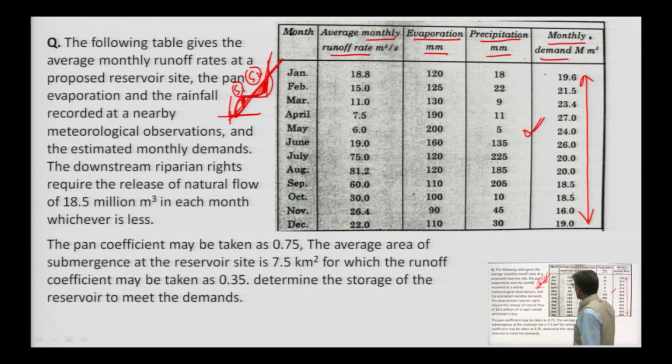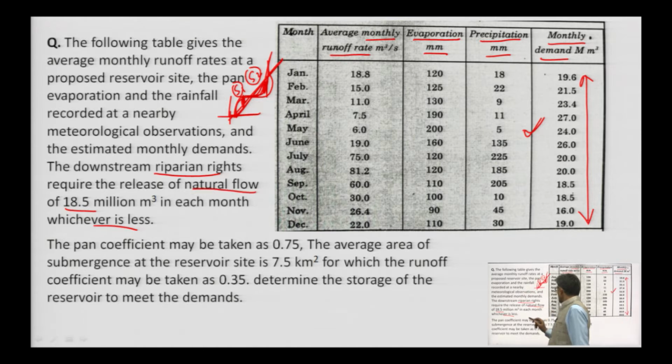So, let us read the question. The following table gives the average monthly runoff rates at the proposed reservoir site, the pan evaporation and the rainfall recorded at nearby meteorological observations, and the estimated monthly demand. The downstream riparian rights require the release of natural flow of 18.5 million cubic meters in each month, whichever is less.